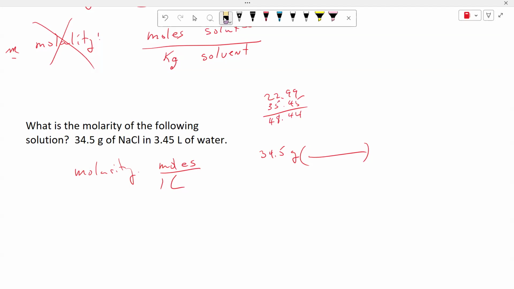Yes. Okay. So the numerator is moles, denominator is volume.